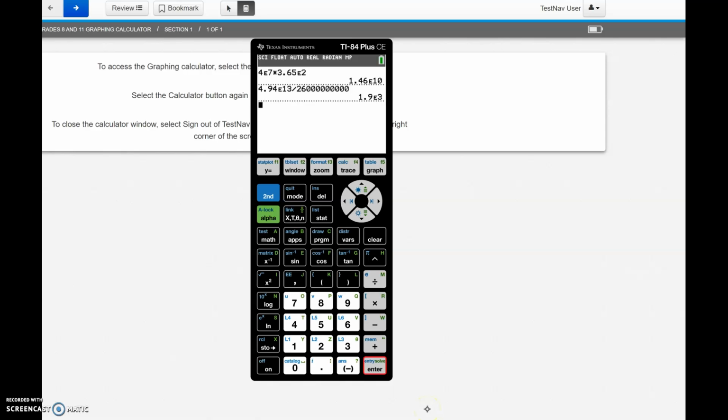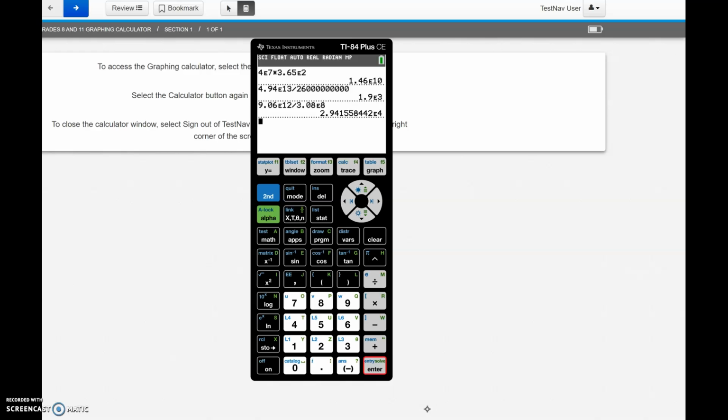So that first number was 9.06. Remember to get the EE in here. We're going to hit second EE, and that exponent is a 12. And we're going to divide by, what was it, 3.08. Remember to get second EE in there because that's your times 10 and that power is 8. And just hit enter and there's your answer.